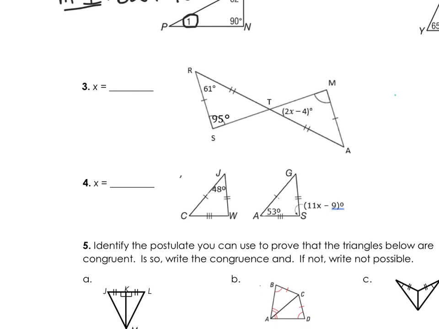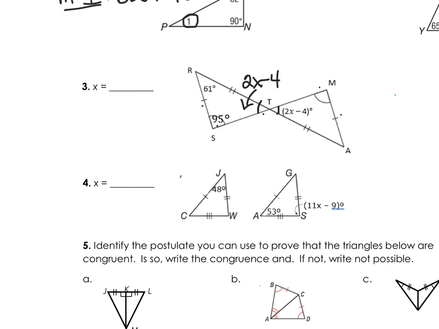All right, so these two triangles, they have vertical angles here, and so it makes it so these two triangles are congruent by angle, angle, side. And therefore, all of their corresponding angles are congruent. So that means this angle right here is also 2x minus 4.